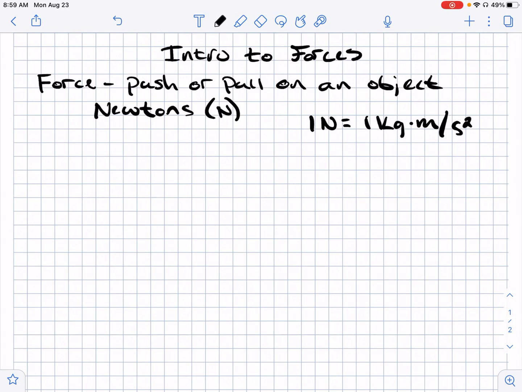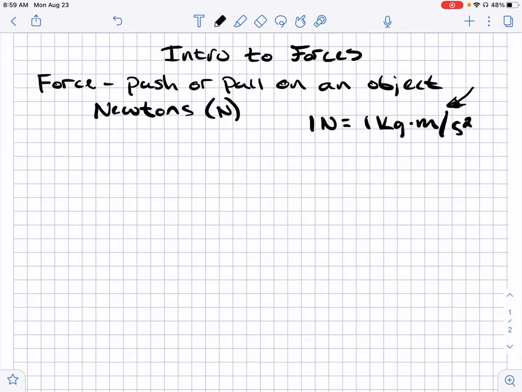But it's more convenient to say I have a force of 5 newtons than a force of 5 kilograms times meters per second squared. So that's the unit that we use for force. You'll see where this comes from once we start looking at the actual equation for calculating a force.